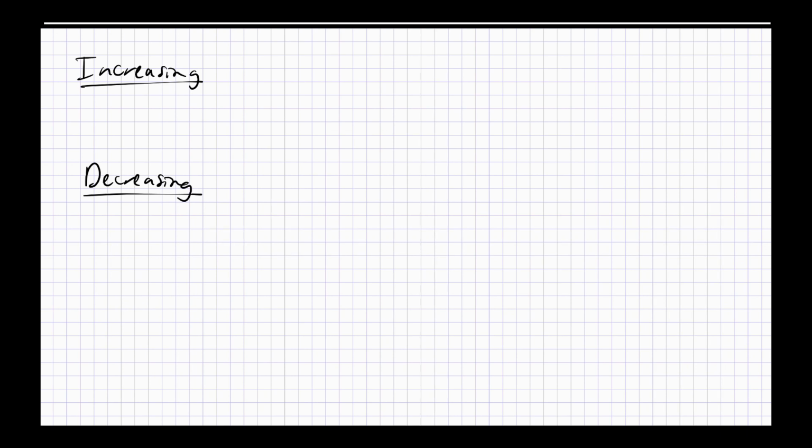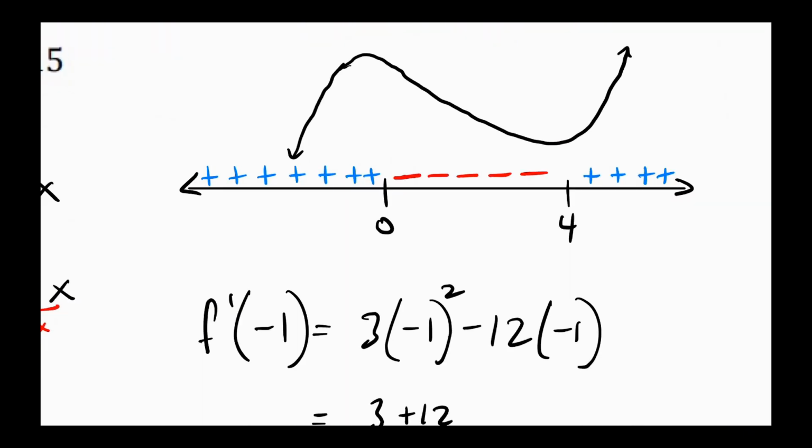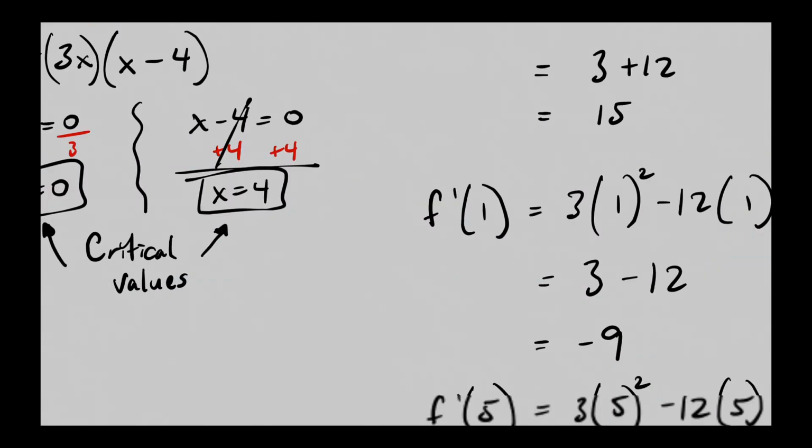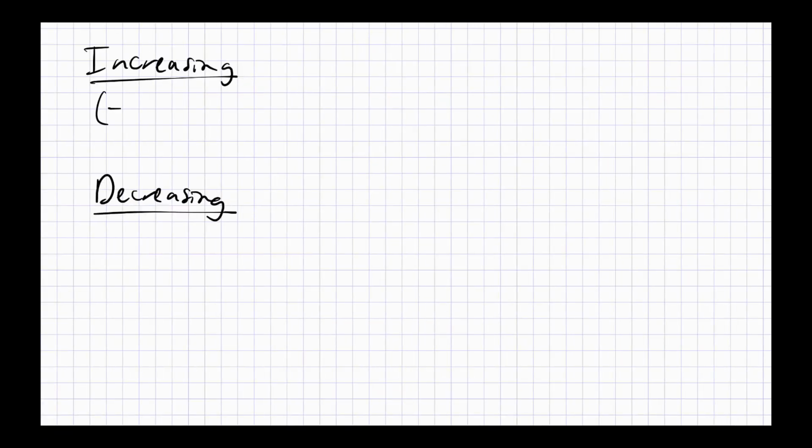So using the first derivative test, we know where it was increasing, right? Where I had a positive derivative, positive slope. So that's from the left to 0, negative infinity to 0. So increasing was from negative infinity to 0.